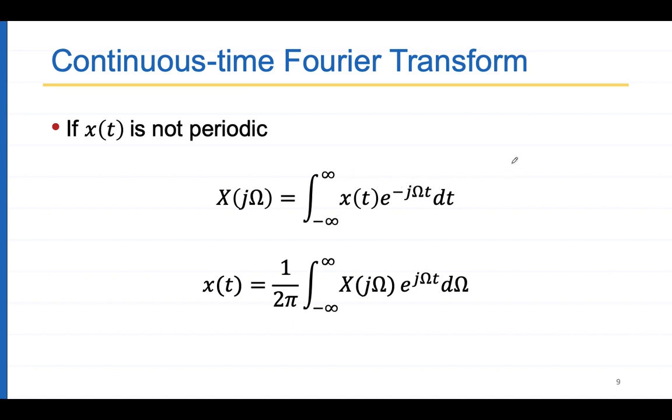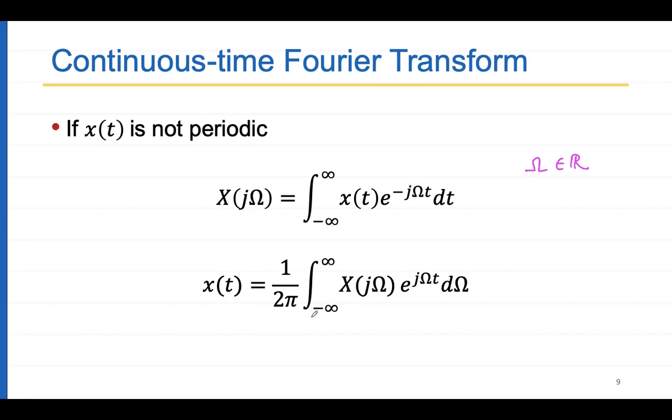Here omega can take any real value, and I integrate from minus infinity to plus infinity. And the original signal can be written as, just remember you had seen ak, instead of discrete ak's, now we have a continuous function X(j omega), continuous in omega, and you multiply this with e to the power j omega t d omega.